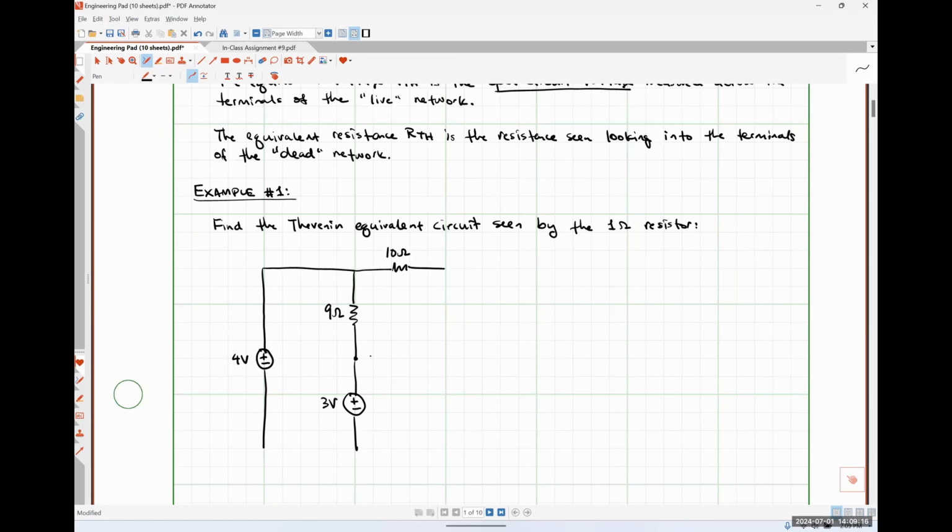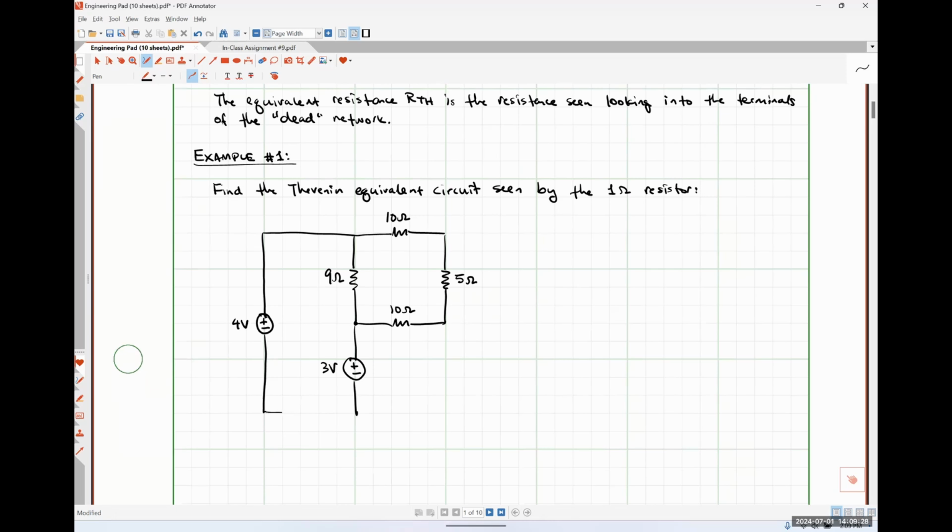A 10 ohm resistor. Another 10 ohm resistor. 5 ohm resistor. A third 10 ohm resistor. And finally, the 1 ohm resistor mentioned in the problem statement. Okay.